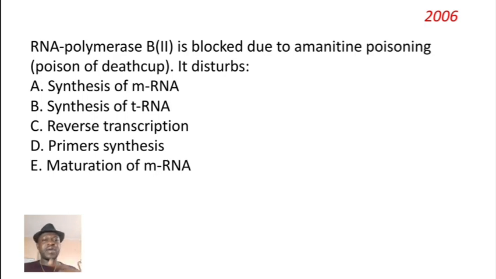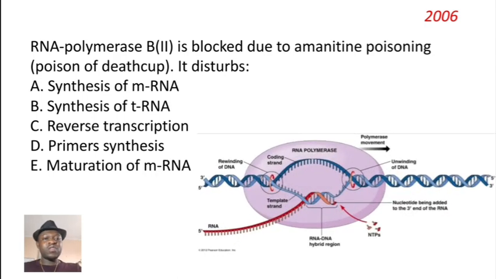Don't be confused by B2. It's just RNA polymerase responsible for transcription, right? So what will be disturbed? I said in transcription there will be synthesis of messenger RNA, right? So this one is your answer.